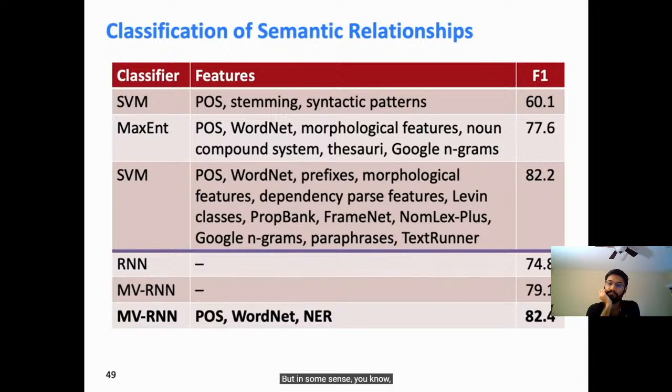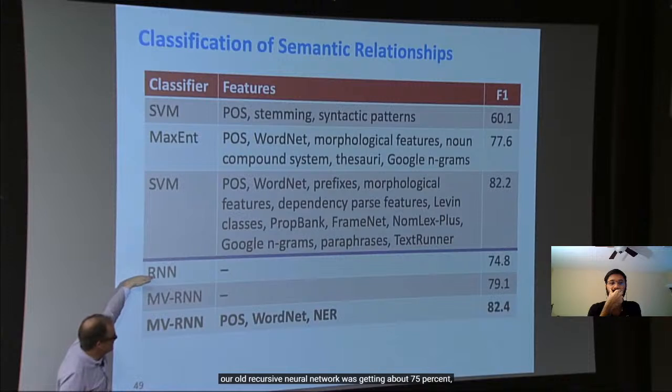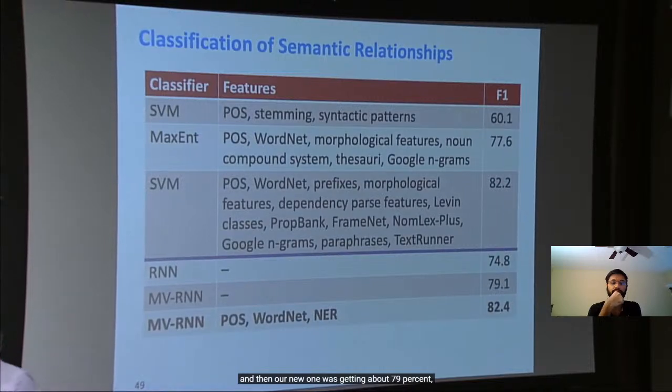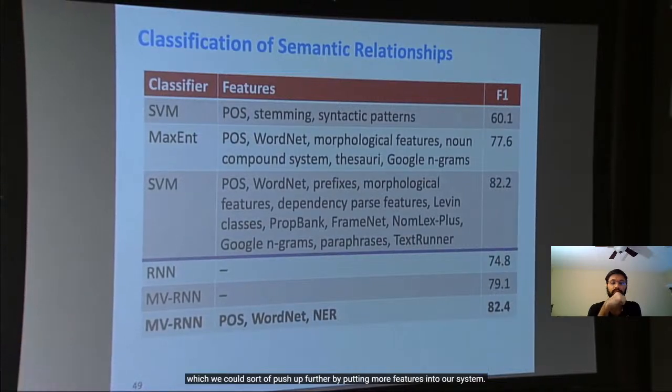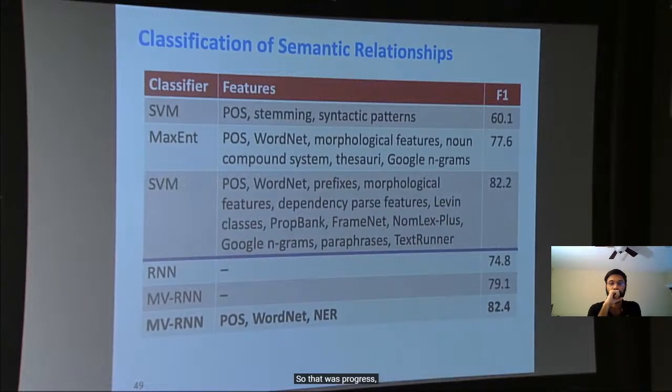But what we were interested in was that we seemed to be making progress in having a better semantic composition system: our old recursive neural network was getting about 75%, and our new one was getting about 79%, which we could push up further by putting more features into our system. So that was progress, but we didn't stop there.